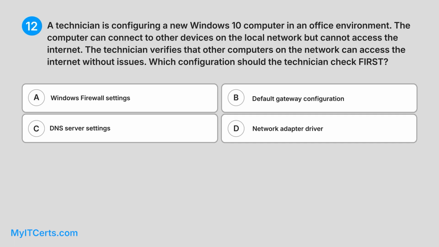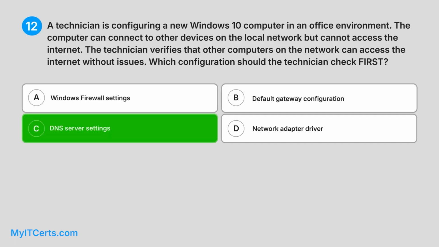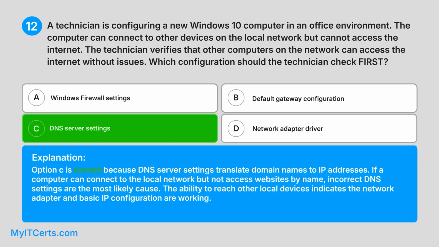Correct answer. C. DNS server settings. Explanation. Option C is correct because DNS server settings translate domain names to IP addresses. If a computer can connect to the local network but not access websites by name, incorrect DNS settings are the most likely cause.